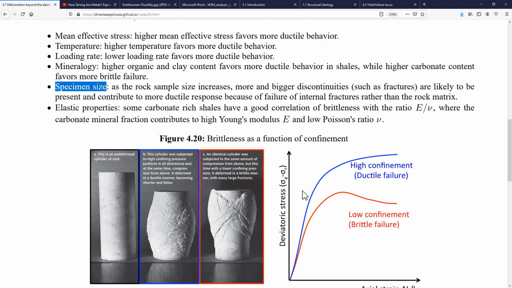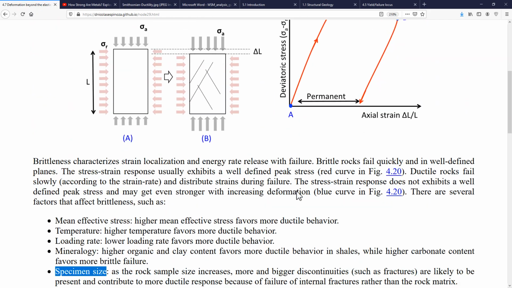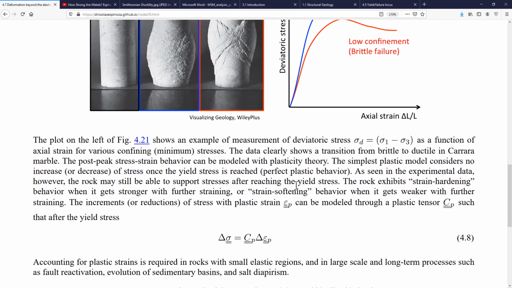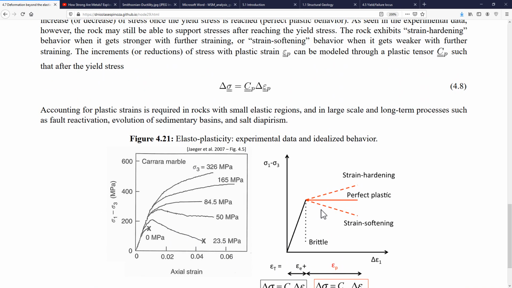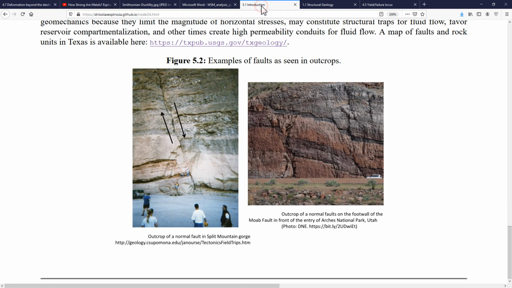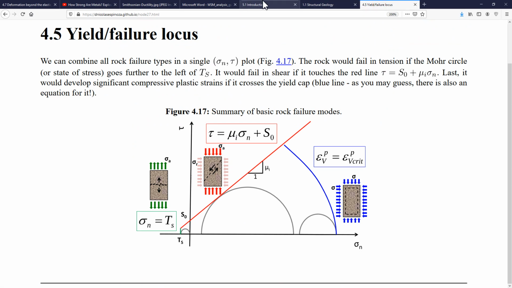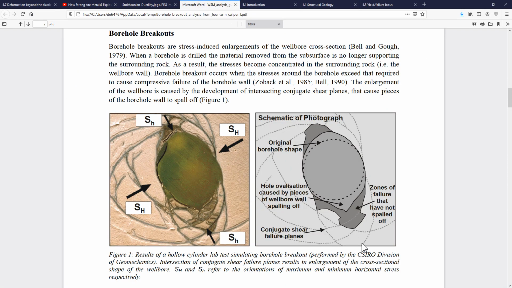All right, so let me see if I forgot something from here, and I don't think so. So remember that this transition from brittle to ductile failure is very important, and it helps us to understand modes of deformation that are not just elastic but are also plastic, and that happen in nature and also in applications, like for example in wellbore failure.